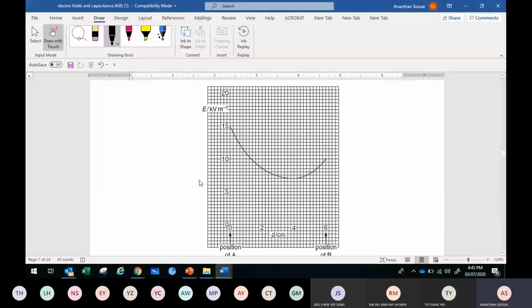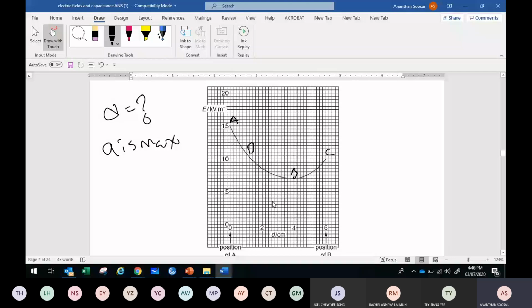At which d does the electron have the maximum acceleration? How are you going to find the d which gives you the maximum acceleration? At point A, at point B, at point C. Anyone? Oh, I put another one, D.